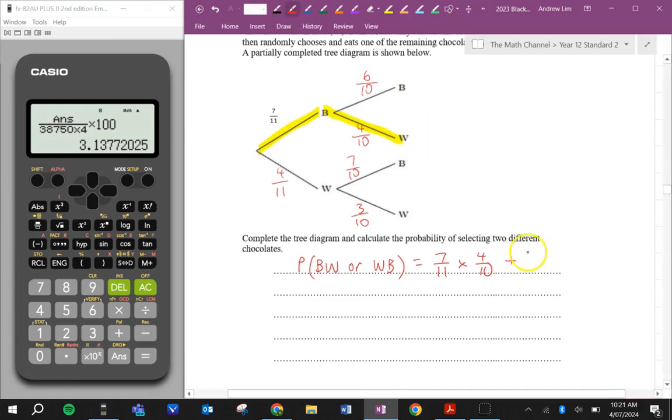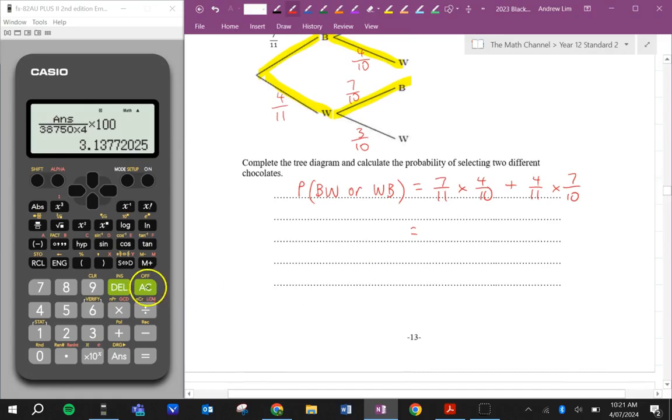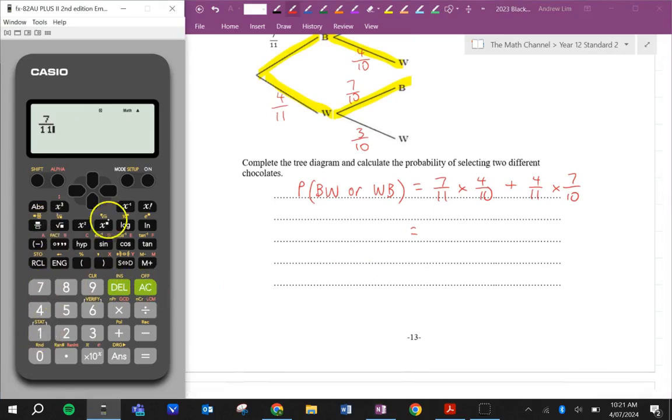Or, so I'm going to add W times B. 4 out of 11 times 7 out of 10. That's 28/55.